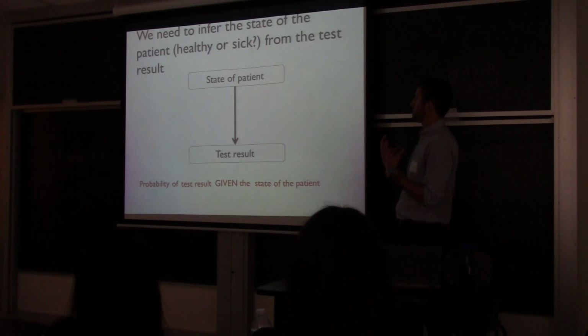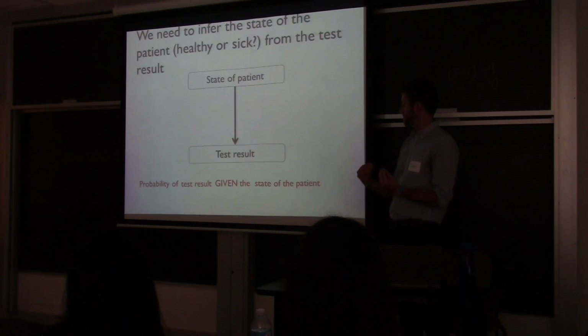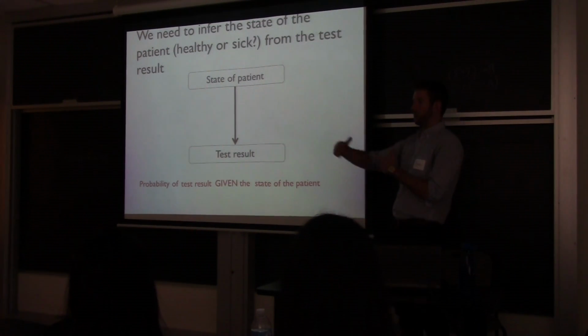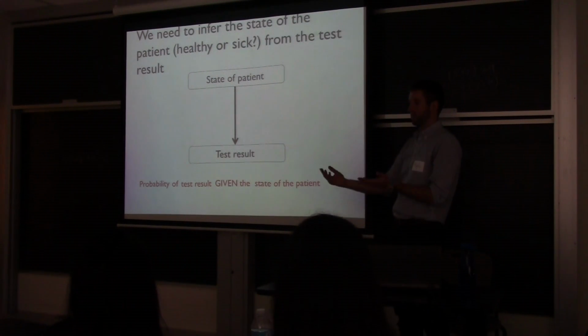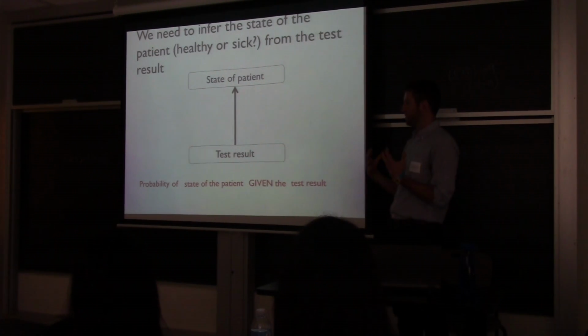So in order to do this inference, rather than thinking about the probability of the test result given the state of the patient, because that's what we already know from all the past examples of people who have taken the test, what we need to do is switch these around and think about the probability of the state of the patient.